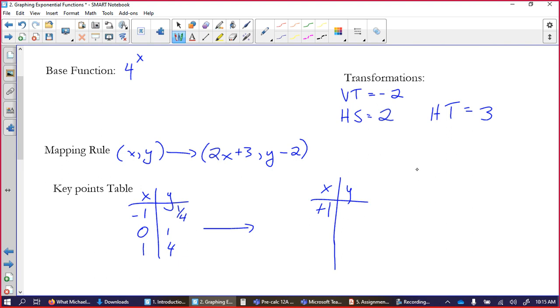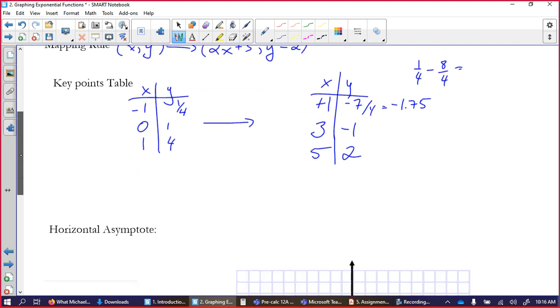A quarter minus 2 is negative 7/4, which is negative 1.75. 2 zeros are 0. 0 plus 3 is 3. 1 minus 2 is negative 1. 2 ones are 2. 2 plus 3 is 5. 4 minus 2 is 2.